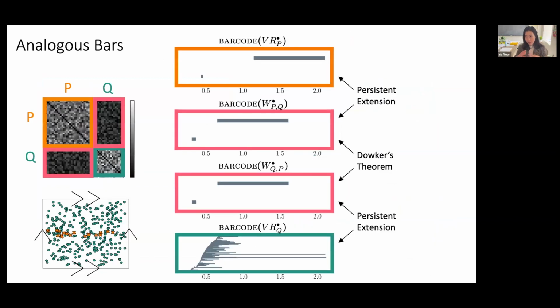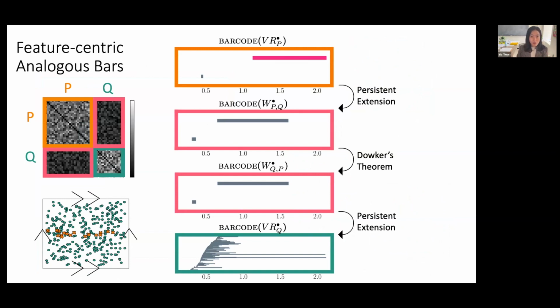So coming back to the original problem where we had two different systems, P's and Q's, and we wanted to compare the barcodes in the very top and the bottom, what we do here is we're going to make pairwise comparisons among the barcodes that we see on the screen. So one way of doing this is you start with, let's say, one bar of interest in your top barcode.